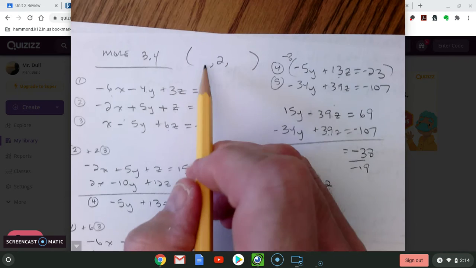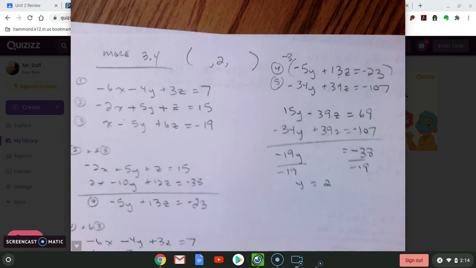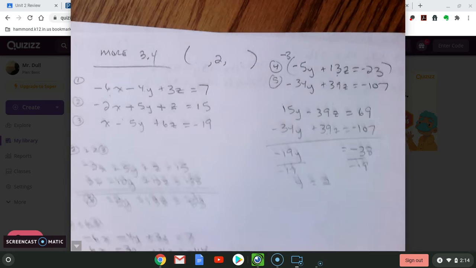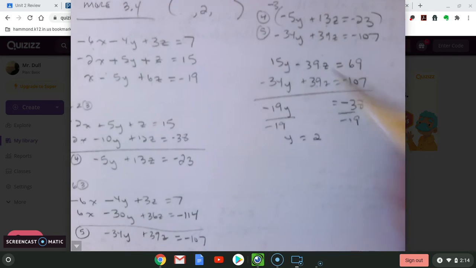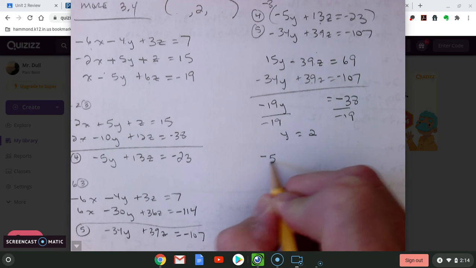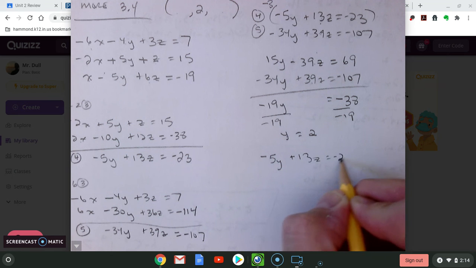So remember, my solution to a system of 3 equations, 3 variables is going to be an ordered triple. So I'm going to go ahead and write my parentheses, x, y, z. Here's my y value. Okay, so I know I can go back in and get my z by taking y and substituting into one of the equations. So negative 5y plus 13z equals negative 23.